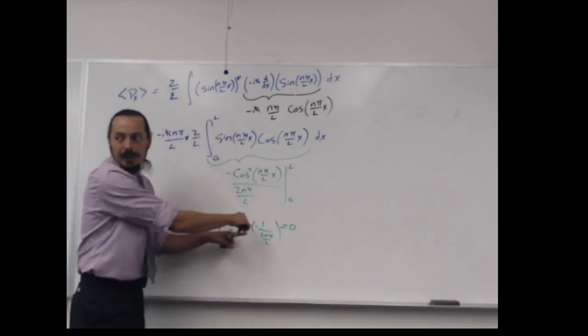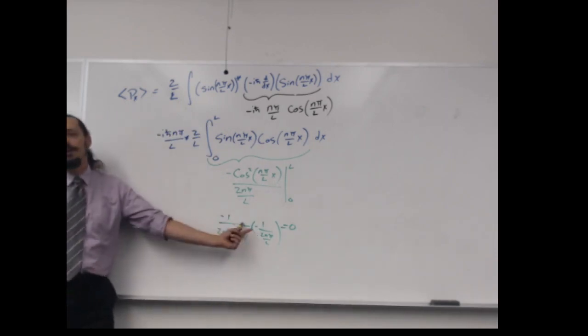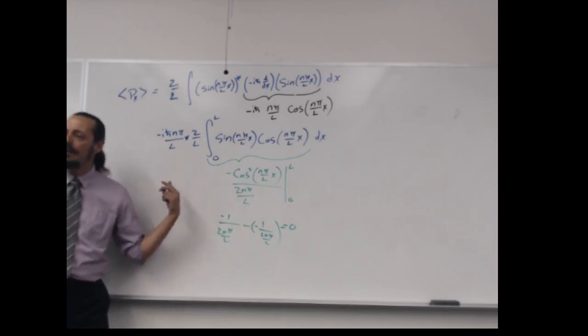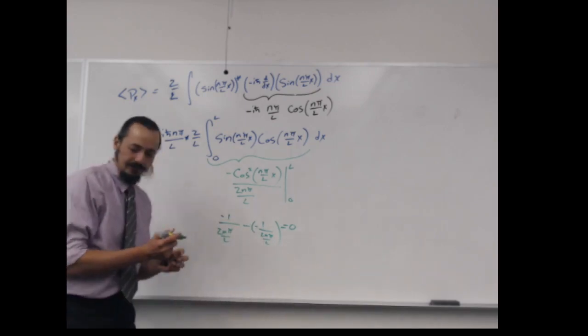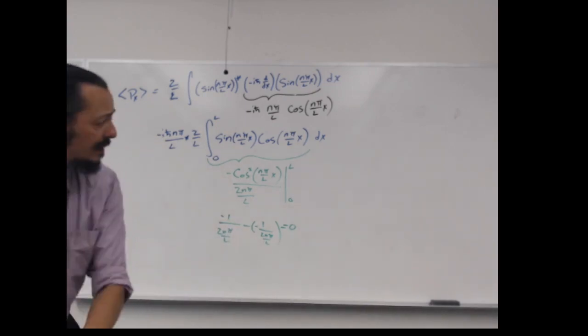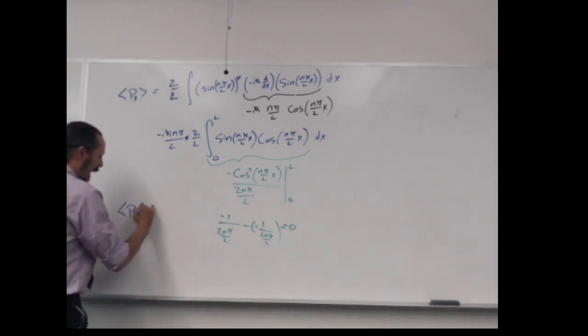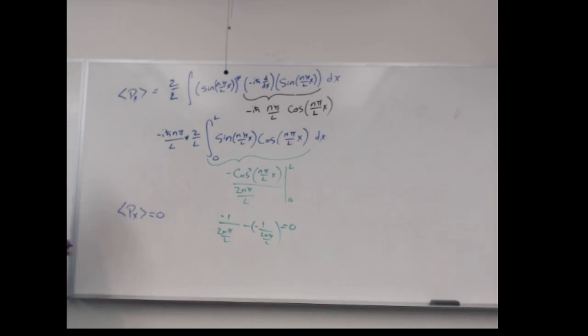Right? Those two negatives become a positive, and so it's minus 1 plus 1. You can factor out the 2n pi's, they don't really matter. We get 0.